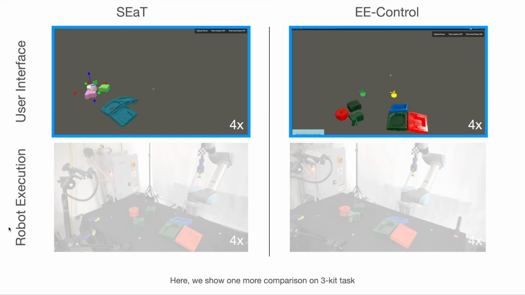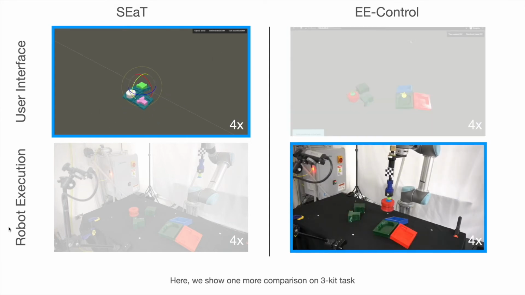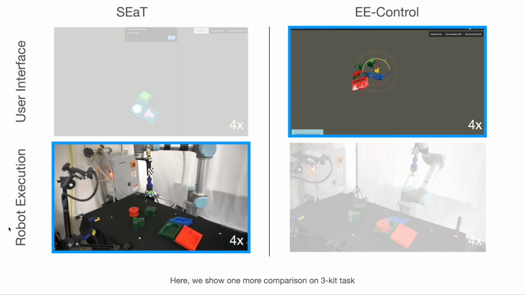We now show a trial with 3 objects. Now users finish specifying the task goals in SEAT.